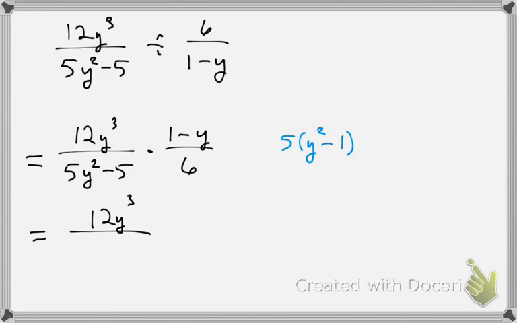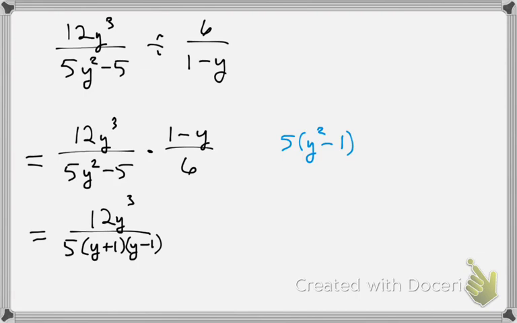I wrote it off to the side. Why is that? We're not done. y squared minus 1 is a difference of squares. If you thought you were escaping anything, you're a sucker. So that's 5 times y plus 1, y minus 1.